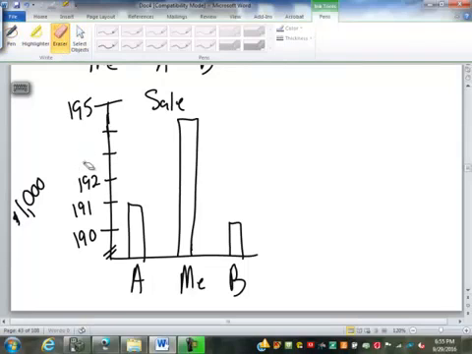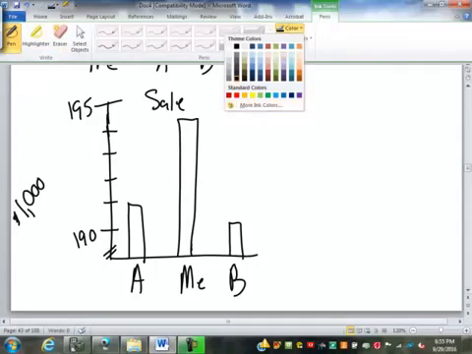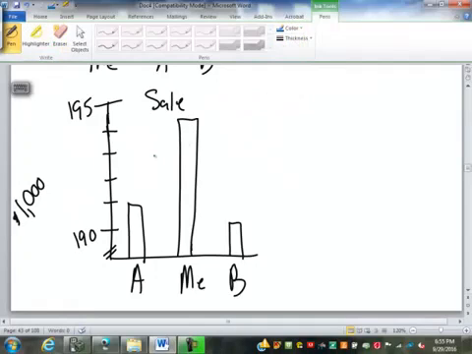I'd probably label it like this to make it a little less obvious. Looking at this, it looks like I sold 2 or 3 times as many as A and 3 or 4 times as many as B, doesn't it? But if I look at the numbers, it looks like B sold about 191,000, A a little over 190,000, and I sold between 194 and 195,000.